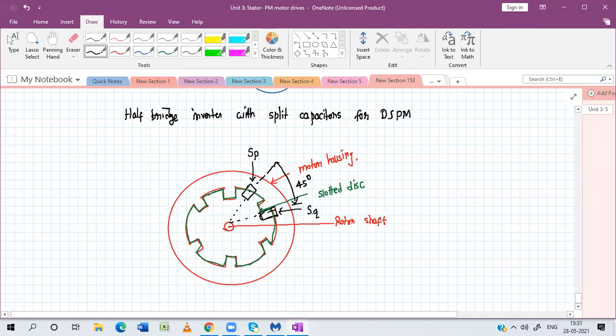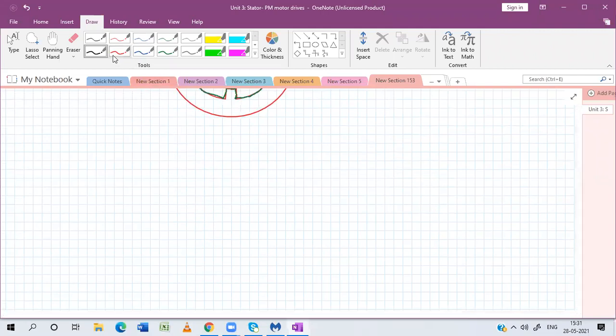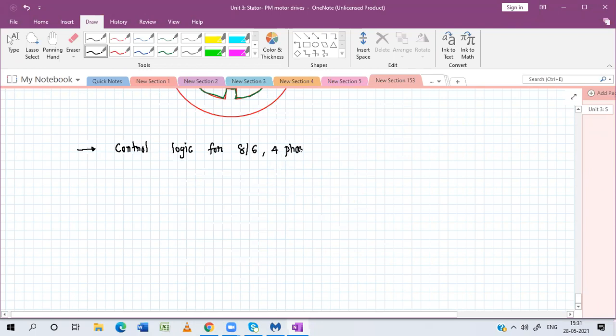Now how will the rotor position give an indication of which winding should be on and off? For that there is a control logic you have to provide. Control logic for 8/6, 4-phase DSPM motor.